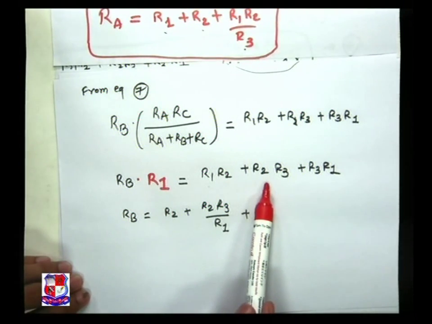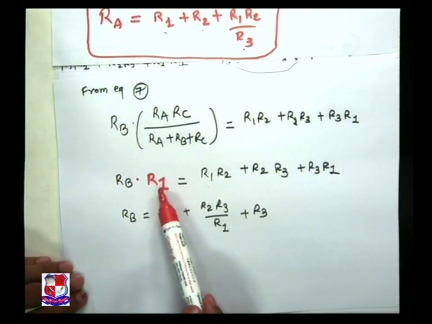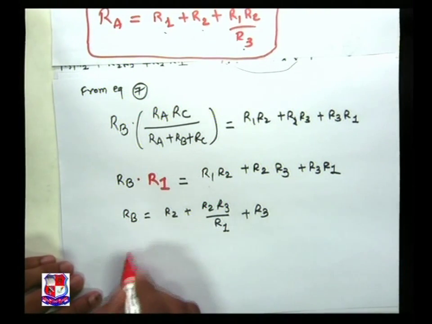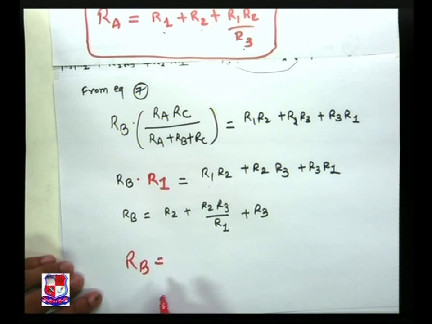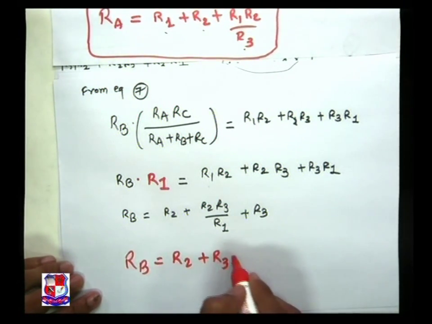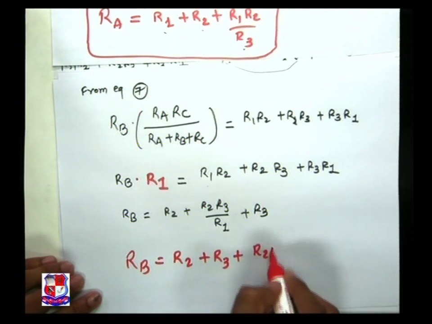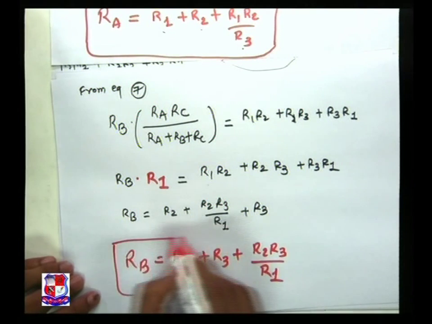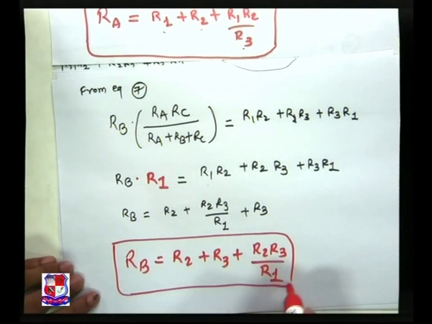Here R1 goes into the denominator and here R1 again cancels. So R3 is as it is, and by arranging the terms we get RB equal to R2 plus R3 plus R2 R3 upon R1. It is the second equation, of RB.